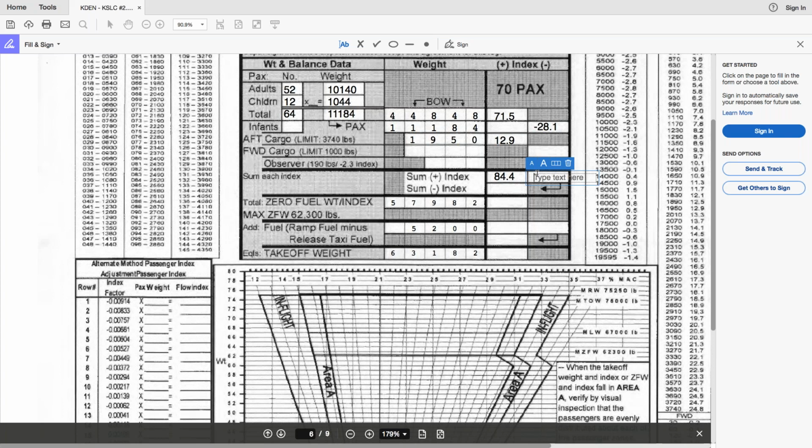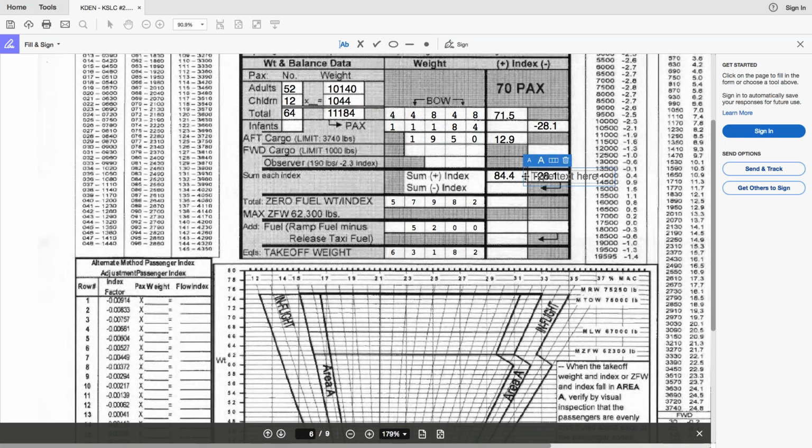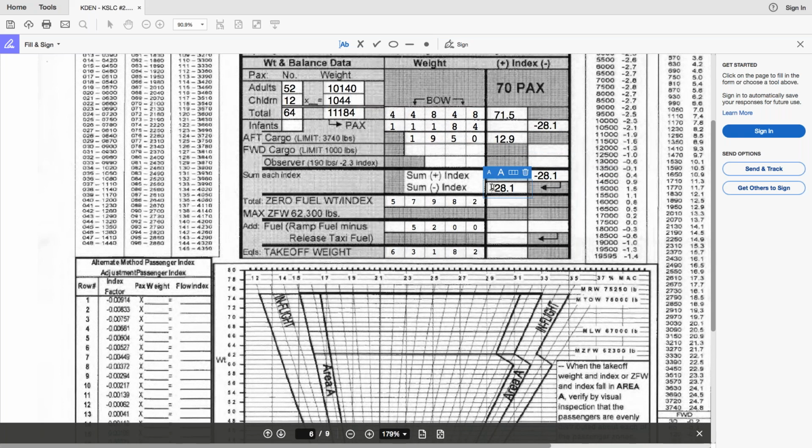Take the 20, negative 28.1. I'll copy this box. Okay. That's 84.4 minus 28.1.